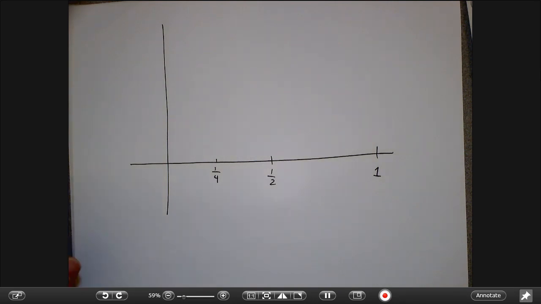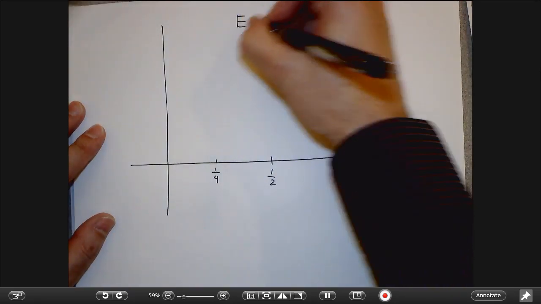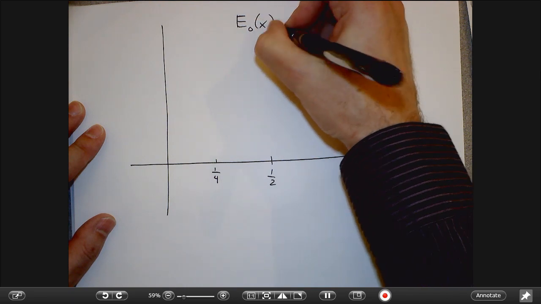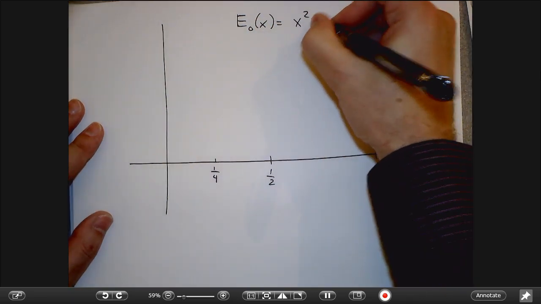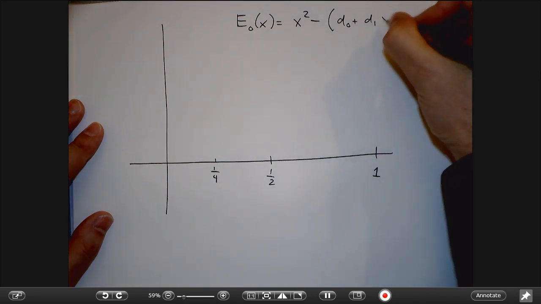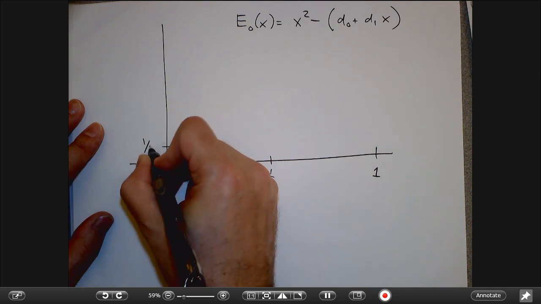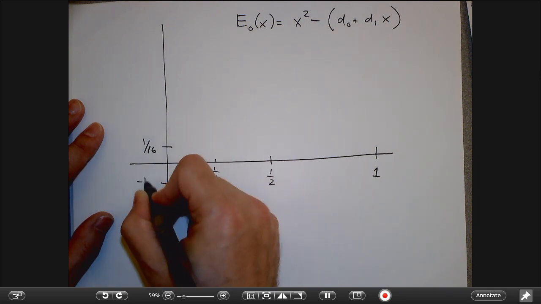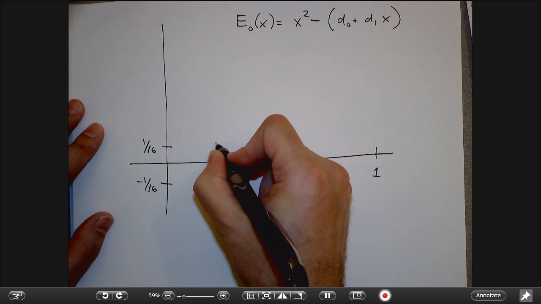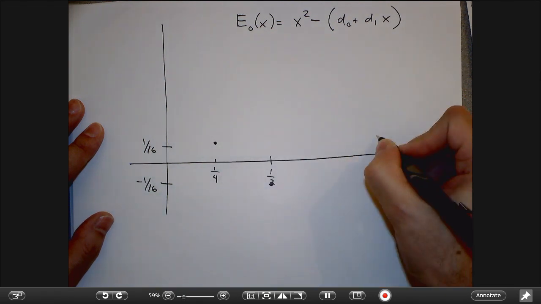So what does x squared look like? Actually, let me just plot the error. So that's like saying the error at step 0 is x squared minus whatever I got. And I made it so that here are my points. I said, okay, you got to be here, yeah, got to be here, and you got to be here.